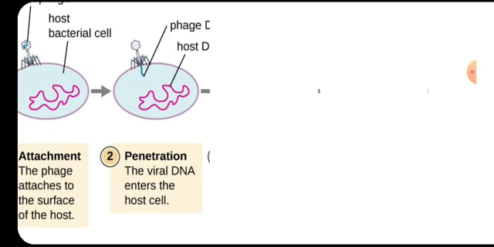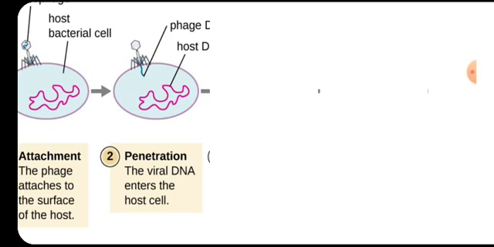Next, this contractile sheath gets contracted, and contraction of this contractile sheath leads to the injection of DNA, which is present in the capsid, inside the cytoplasm of bacterium.